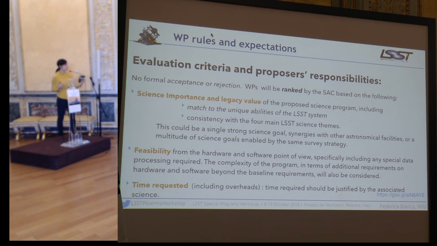Then its feasibility, whether or not it butts against or puts tension on the telescope and the technical requirements of the survey, and the amount of time that is requested. Of course, a survey that is more efficient should be prioritized so that more surveys can be implemented. This specifically refers to each piece of the survey being efficient. So a mini survey being efficient, a deep drilling field being efficient, so requiring less sky time compared to something that accomplishes similar goals.